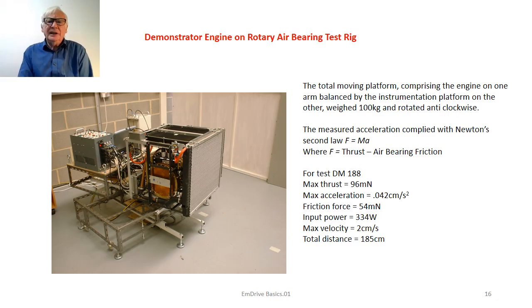And we measured the acceleration by simply looking at the film we took, taking the data from that film, and the acceleration then was shown to comply with Newton's second law, force equals mass times acceleration. Now, in this case, the force is the thrust minus the air-bearing friction.